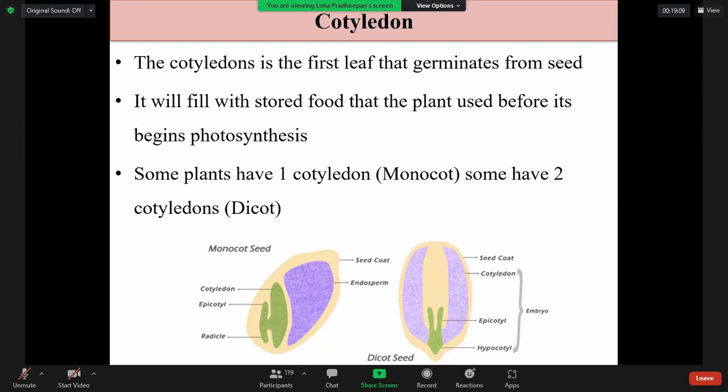Some plants may have one cotyledon. I already told you the monocot plant has one cotyledon. Some have two cotyledons, that is the dicot plant.